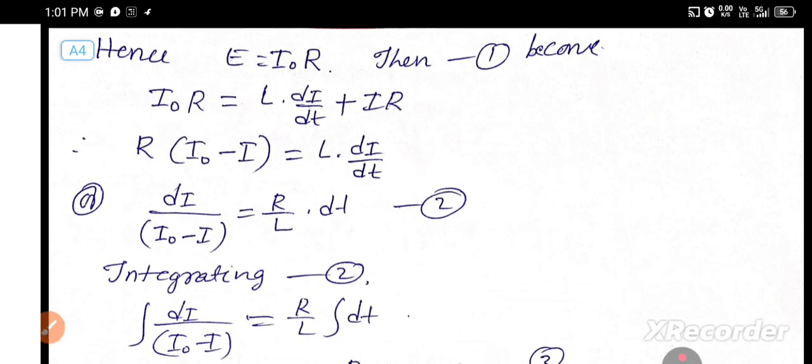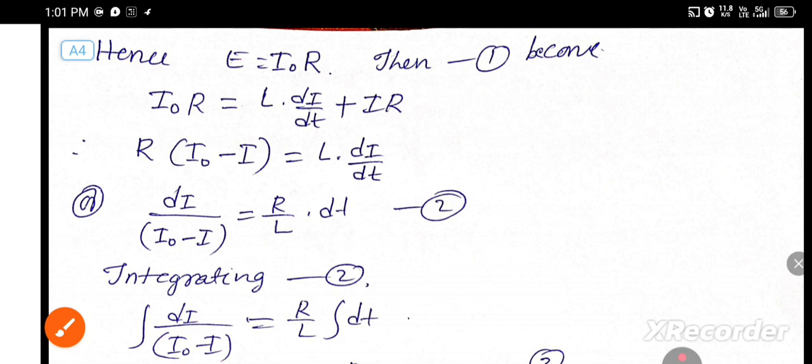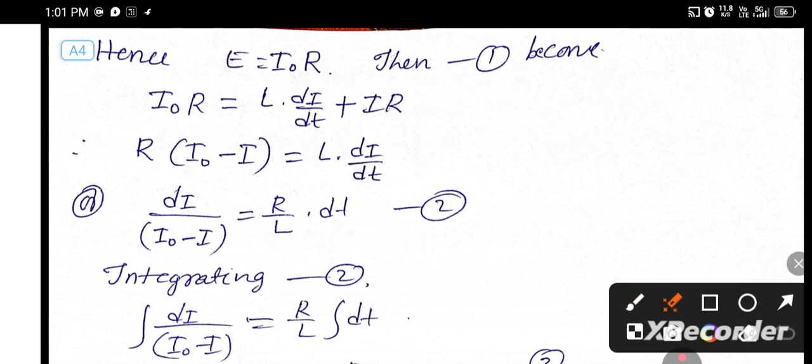On simplification, I naught R minus IR is equal to L into di by dt. Taking R to that side, R into I naught minus I equals L into di by dt. Then just interchange: di by I naught minus I equals R by L into dt. Let it be equation 2.